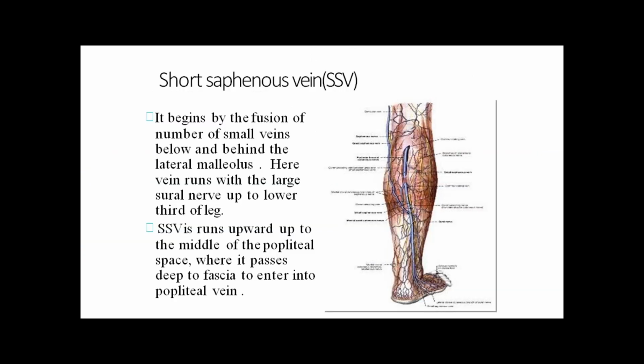So coming to the other important vein, the short saphenous vein. The short saphenous also begins by the fusion of a number of small veins below and behind the lateral malleolus. Here the vein runs with the sural nerve up to the lower third of the leg. So there is a chance of injury to the sural nerve.